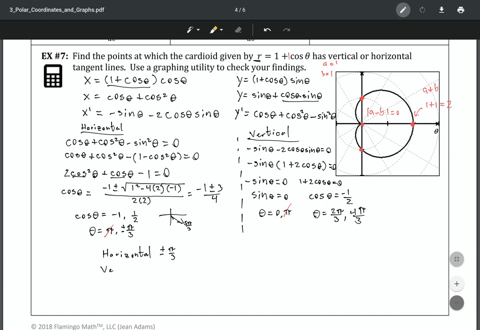And my vertical tangents would be located at 0, 2 pi over 3, and 4 pi over 3.